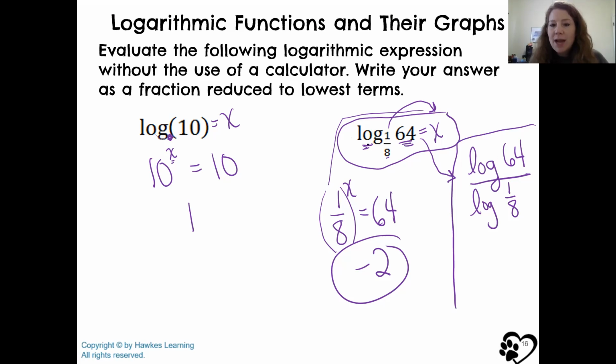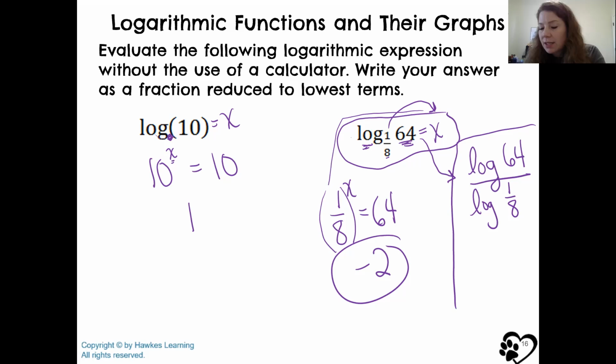So anytime you have the log of a base other than 10 of a number, you can do it in your calculator, even though you can't change your base. So in your calculator, this is what you're going to do. You're going to bring up your fraction form. Bring up your fraction, hit log 64, arrow down to log fraction 1/8, hit equals, and it told me I made an error.